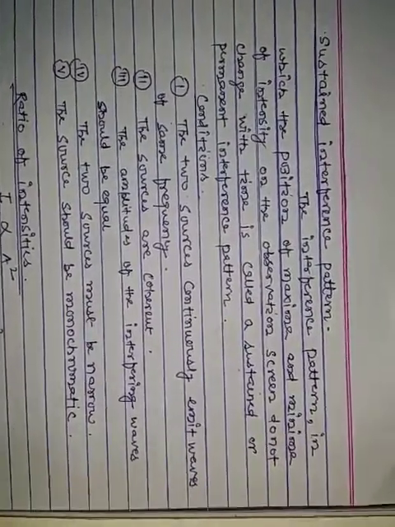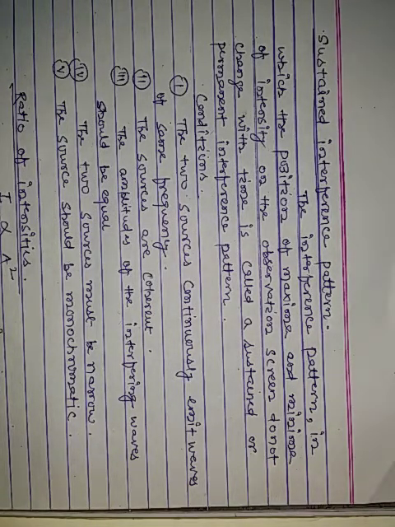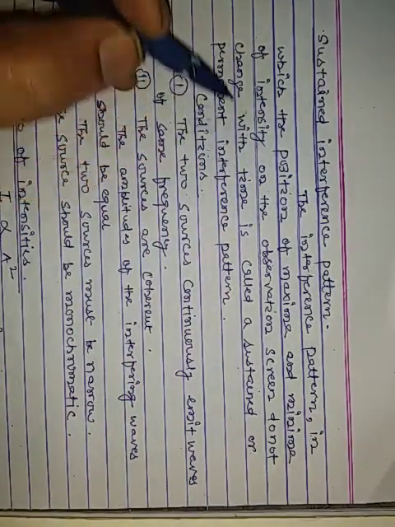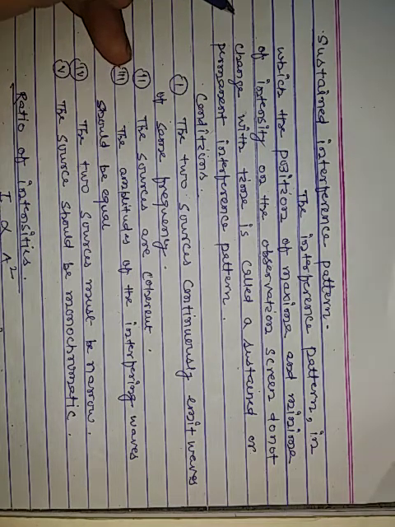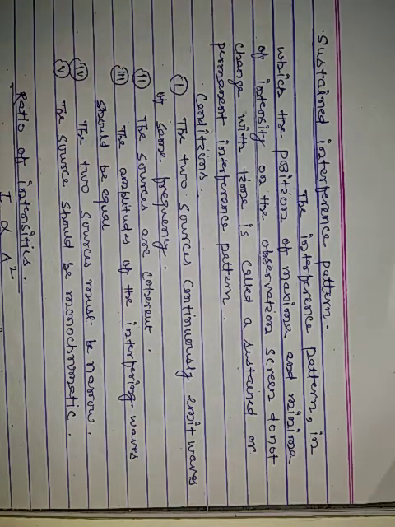Now the sustained interference pattern. What is the sustained interference pattern? The interference pattern in which the positions of maxima and minima of intensity on the observation screen do not change with time is called a sustained or permanent interference pattern. Sustained and permanent are the same thing, not two different things; they give the same effect.